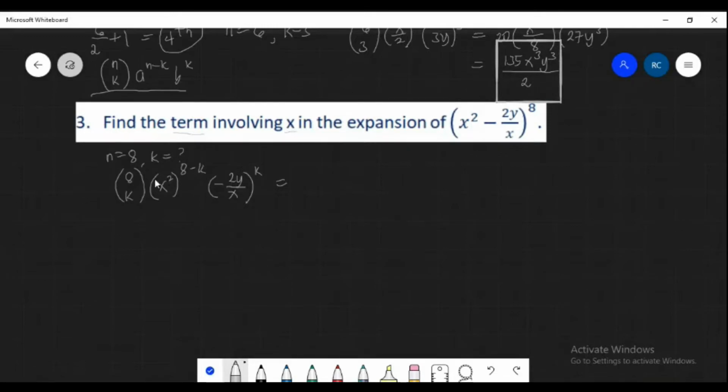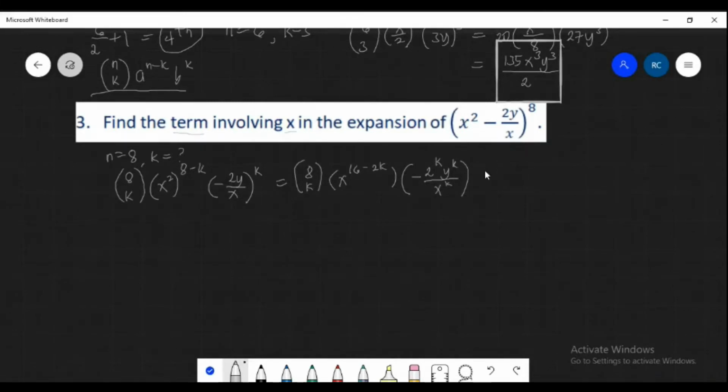Okay, exponent na 1. So ang gagawin natin dito, simplify. Since hindi na pwedeng simplify ito, simply copy it. So 8 combine k. Tapos itong 2, multiply natin sa 8 at saka yung k. So this would be x raised to 16 minus 2k times negative 2 raised to k, y raised to k, all over x raised to k.